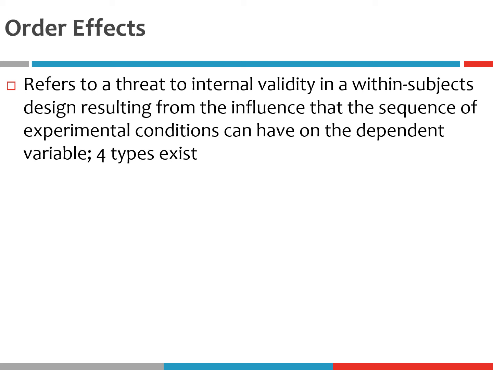So this is basically the order in which you get the different levels of the independent variable. One way to put this is if I was giving you different dosages of a drug. Let's say I gave you a new antidepressant that I was testing, and I'm doing a repeated measures or within groups design.